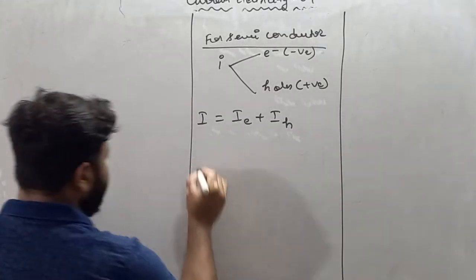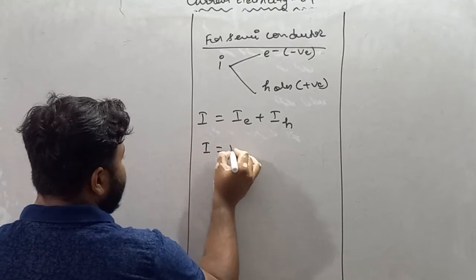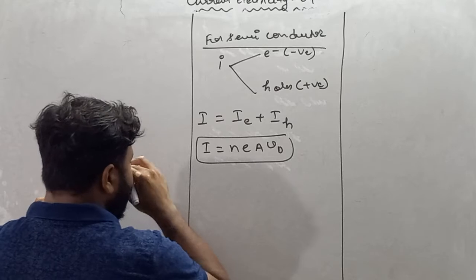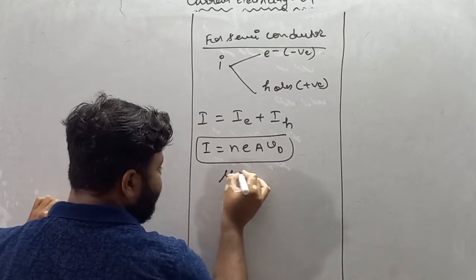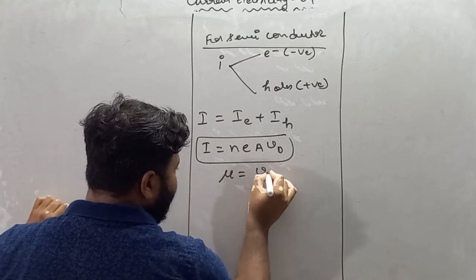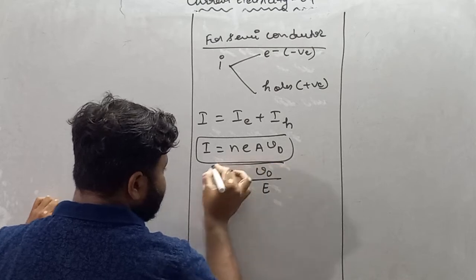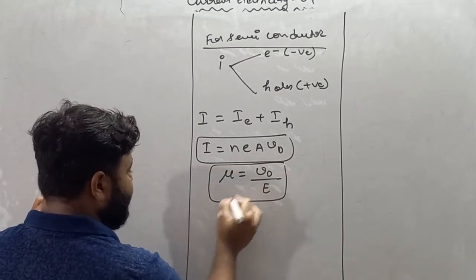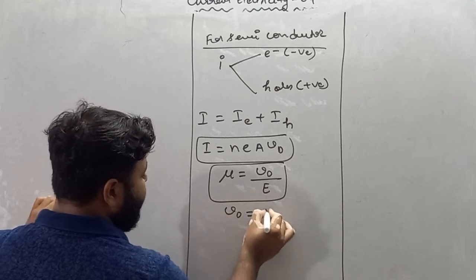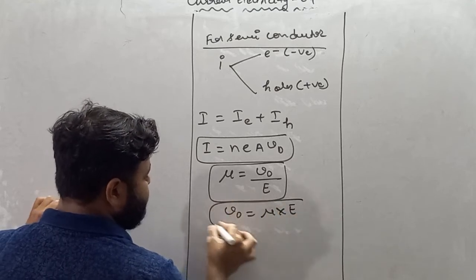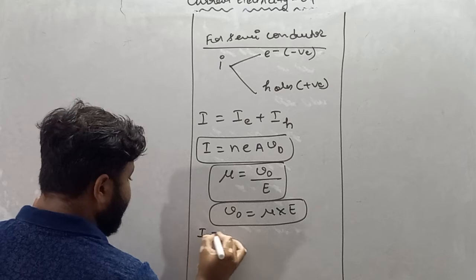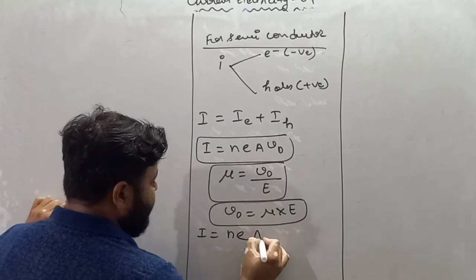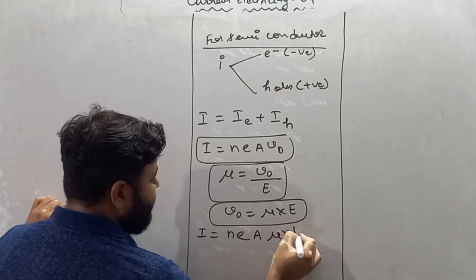Now we all know I = neAv_d. And mobility is nothing but drift velocity per unit electric field. So instead of v_d we can write μ into E. So the relation I becomes I = n e A μ E.